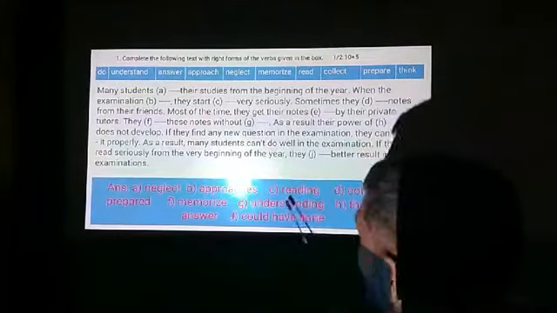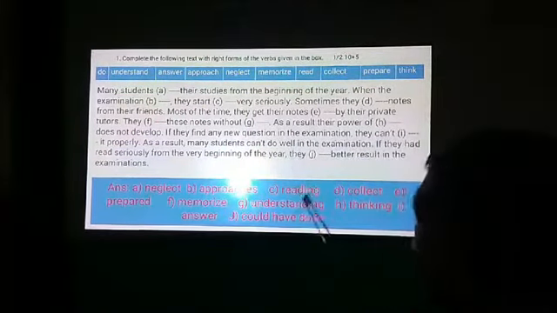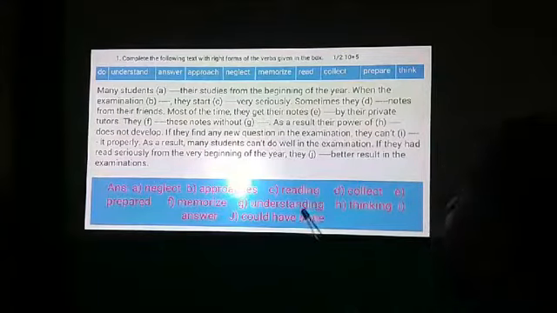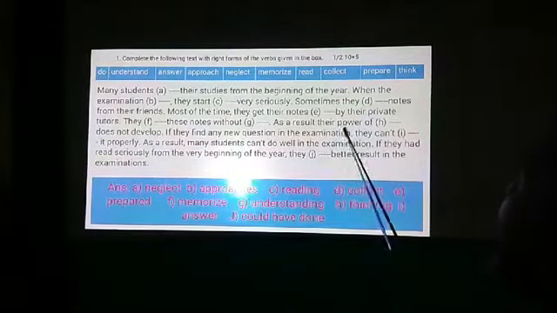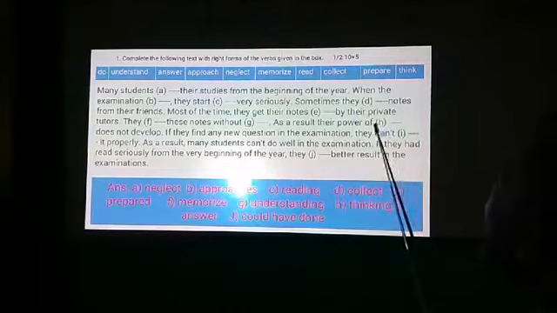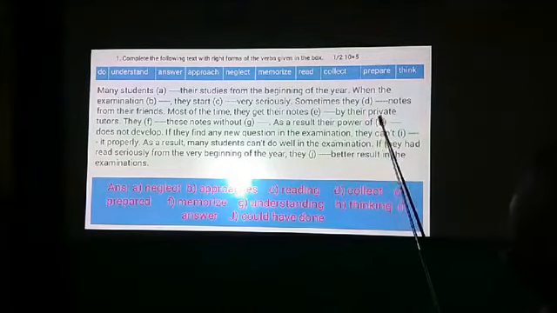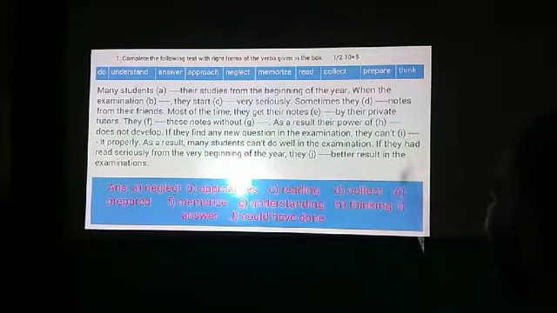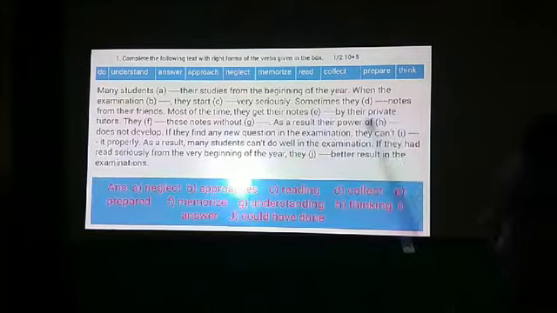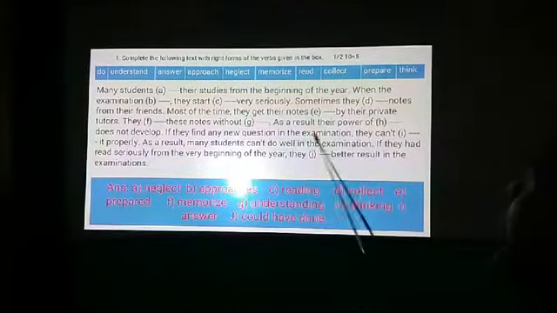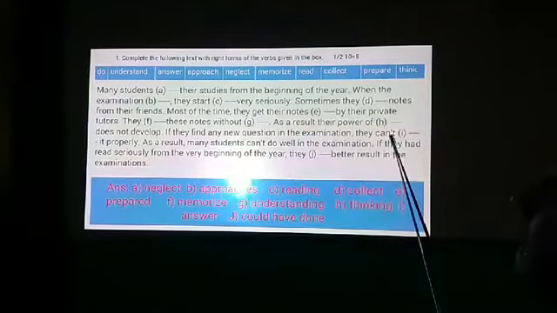Then the answer is understanding, meaning as it is non-finite, it has ing with it. As a result, their power of thinking does not develop, so before the gap there is no subject, so the verb will be non-finite. If they find any new question in the examination, they can't.